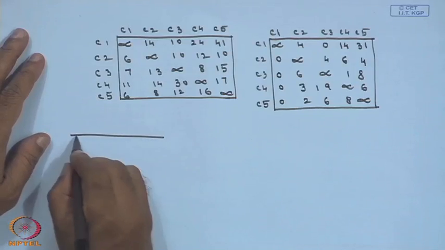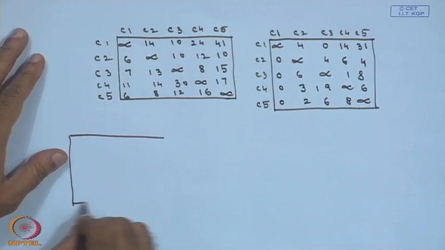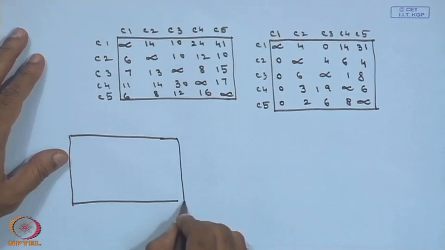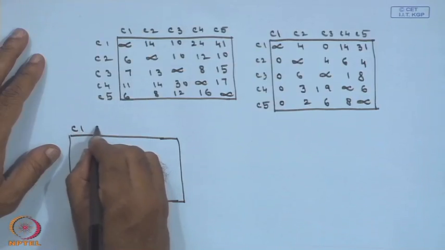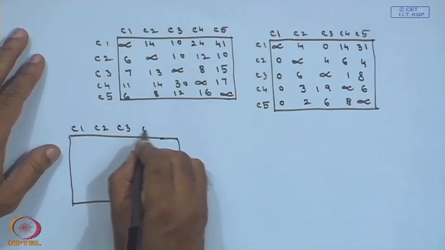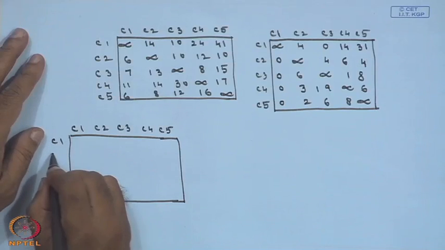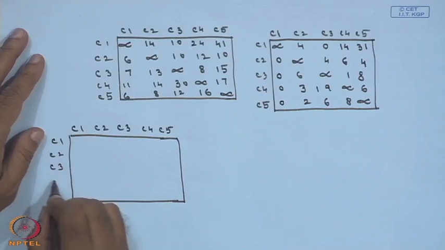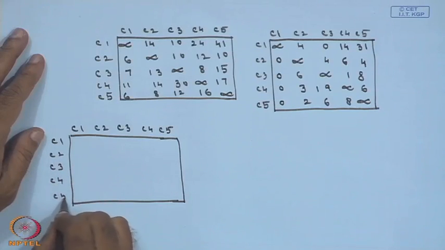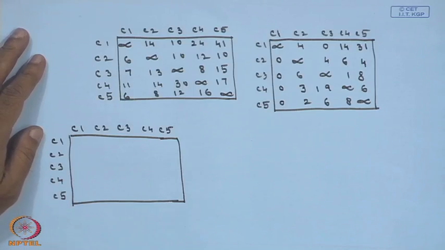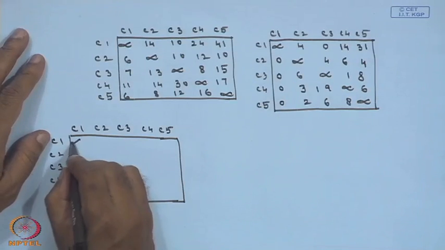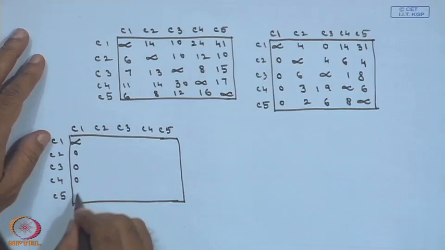Now what do I have to do? I have to subtract the minimum from each column. Again you have C1, C2, C3, C4 and C5 on these. In the first column 0 is already there, so there will be no change.